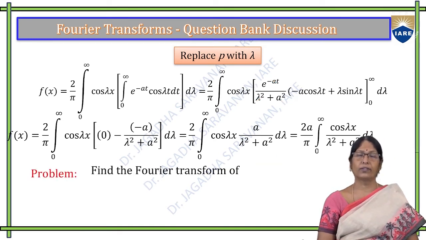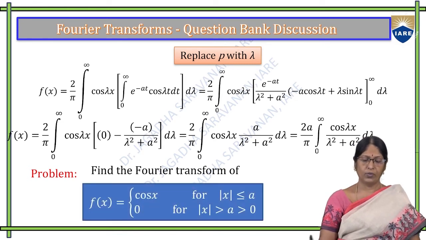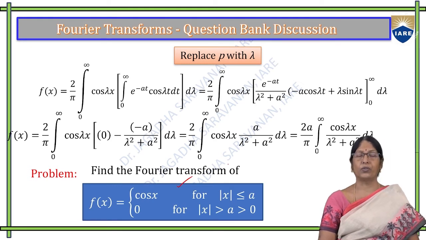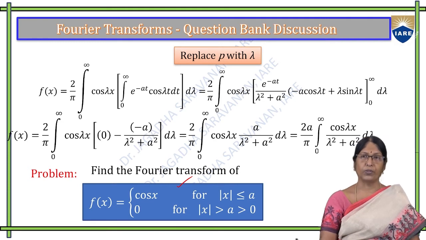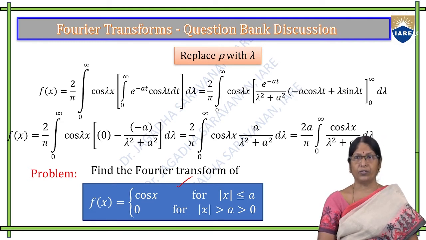So the next one is a problem in the question bank. Find the Fourier transform of the function. This problem is dominating in our question bank: f of x equal to cos x for mod x less than or equal to a, and 0 for mod x greater than a, where a is greater than 0.